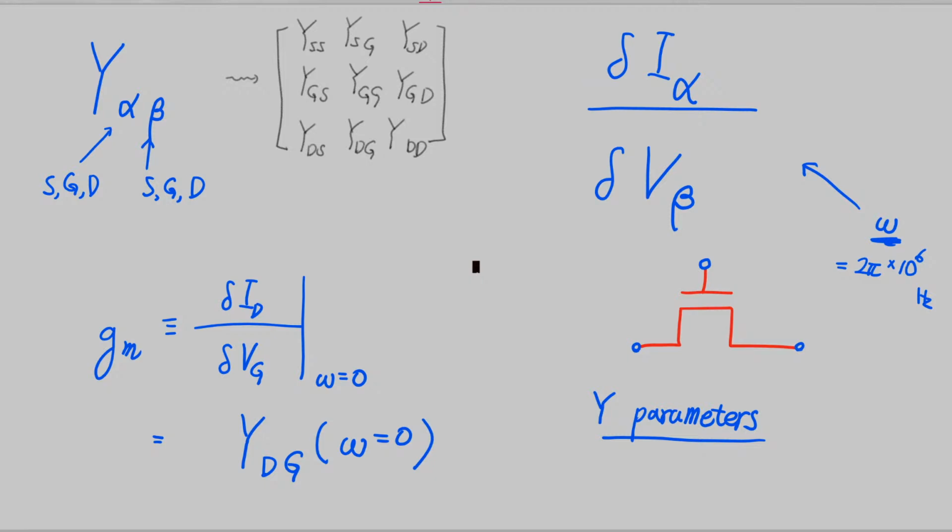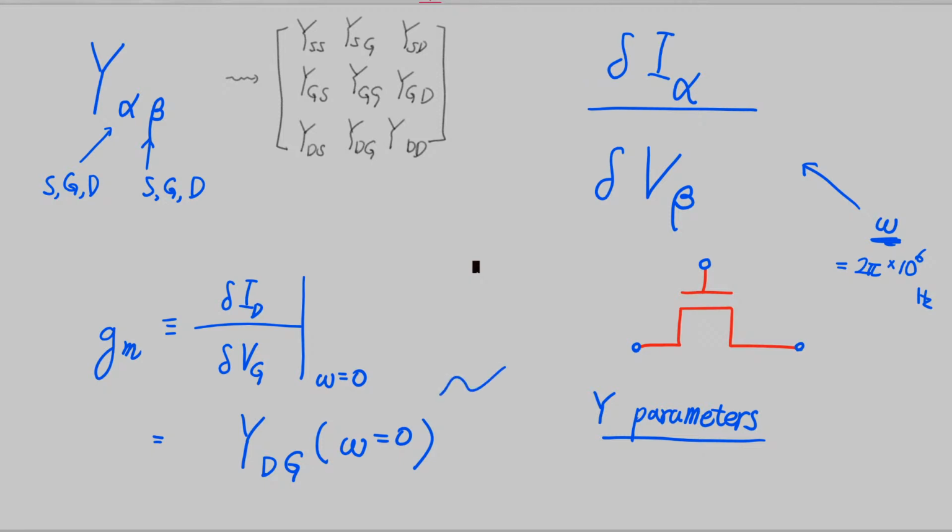However, in general, a Y parameter can be a complex number because we apply a sinusoidal input and measure the resultant sinusoidal output, and they can have a phase difference. In order to represent such a phase difference, we have to introduce a complex number. So think about this one.